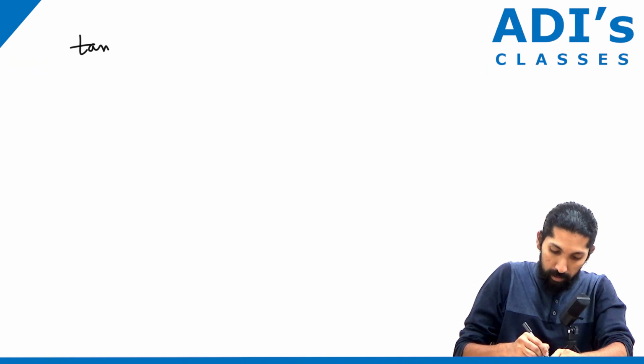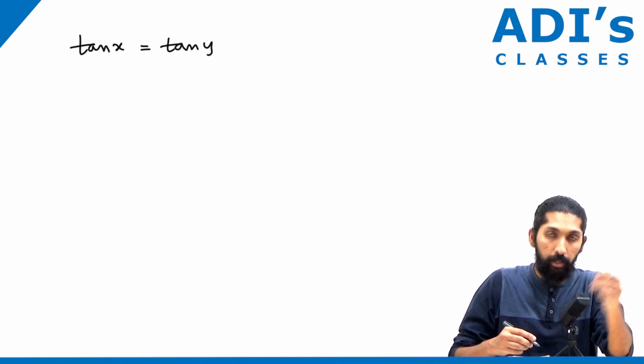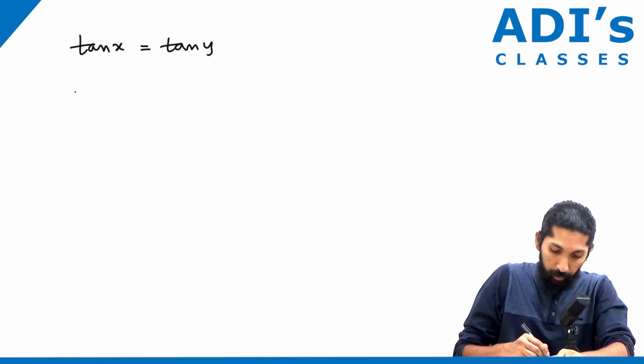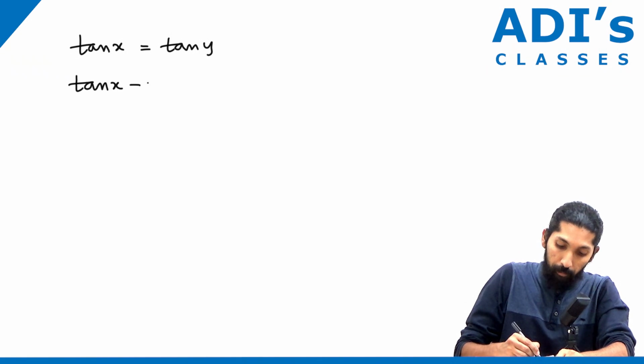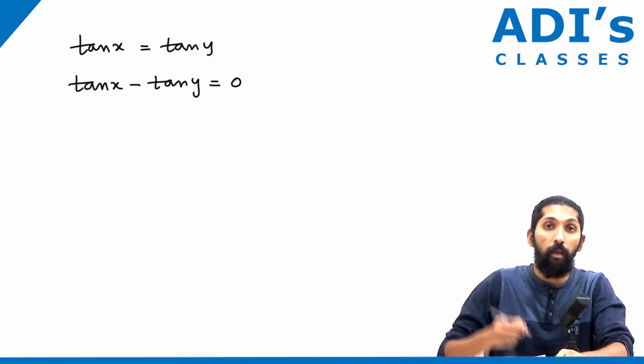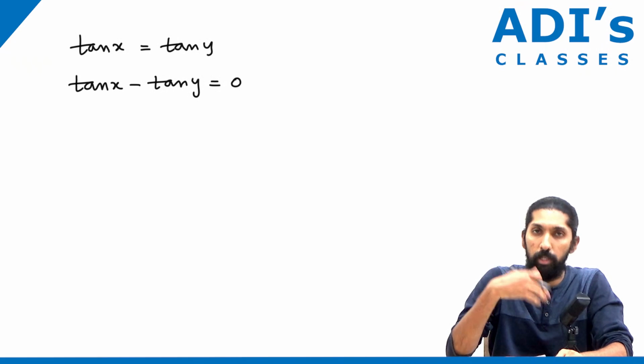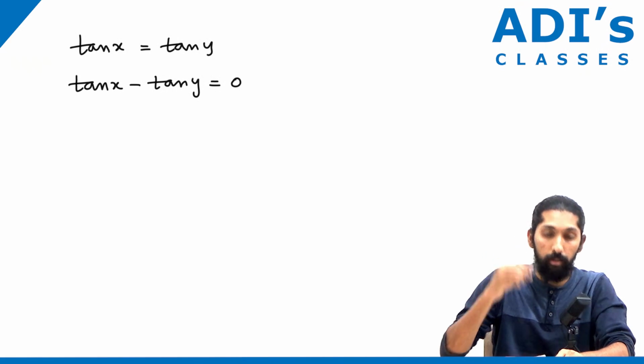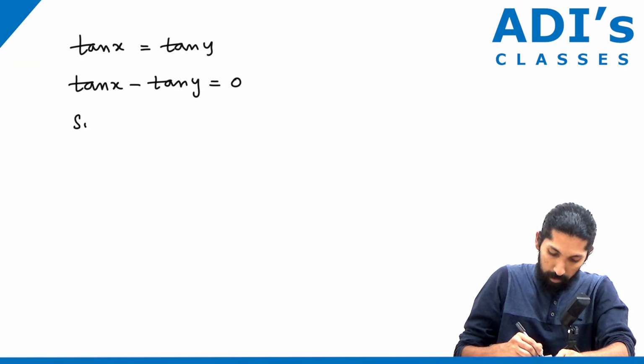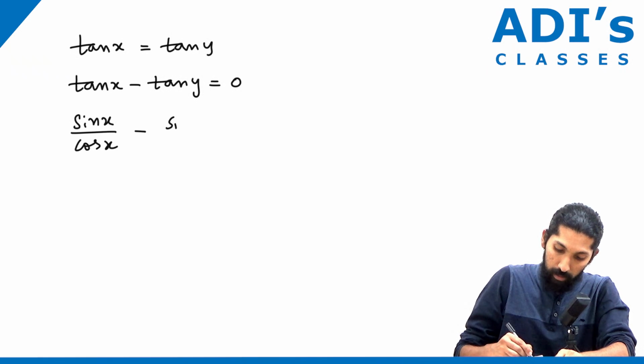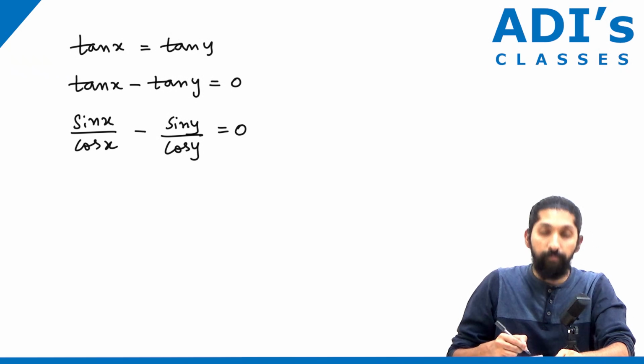For the tan function, we have tan x is equal to tan y. Take the tan y to the other side. We are going to have tan x minus tan y is equal to 0. Convert this in terms of sine and cos, much easier to do. Okay. So when you do that, sin x by cos x minus sin y by cos y is equal to 0.